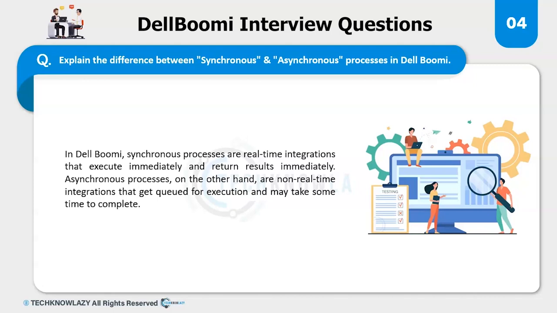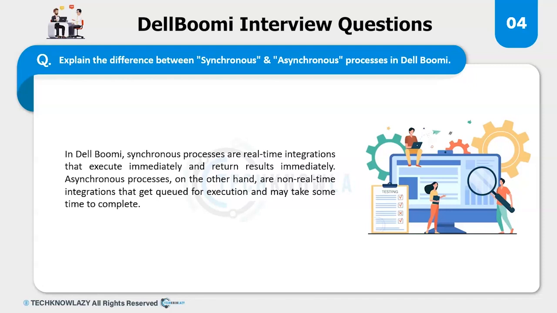Whereas on the other hand, asynchronous processes are non-real time. So this can be happening in batch mode as well. Asynchronous processes are non-real time integrations that get queued for execution and may take some time to complete.